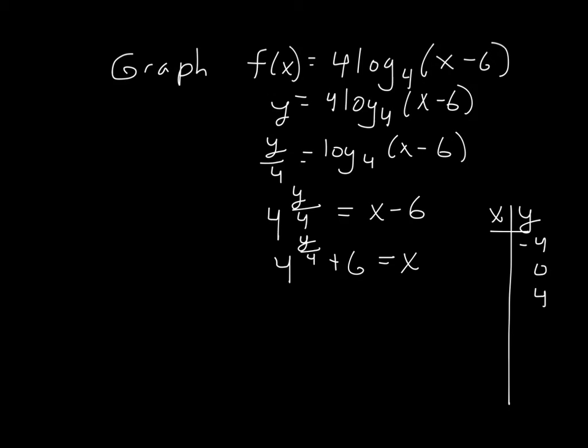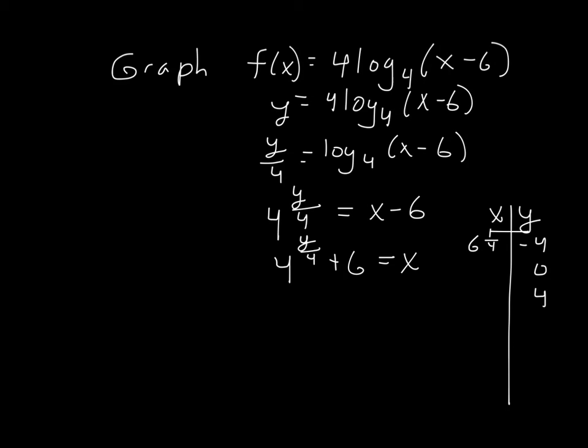So if I put a -4 in here, that's -1. And 4 to the -1 is 1 over 4. So it's 1/4 plus 6. That's 6 and 1/4. I'm even going to just write it like that. Next one's a little easier.